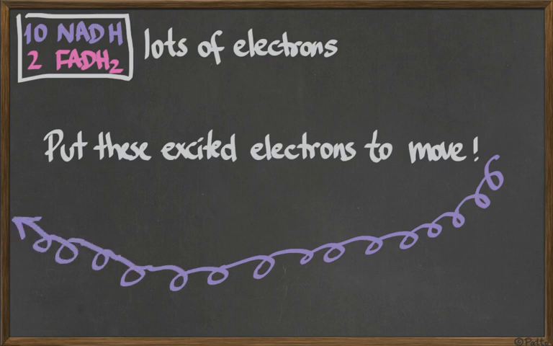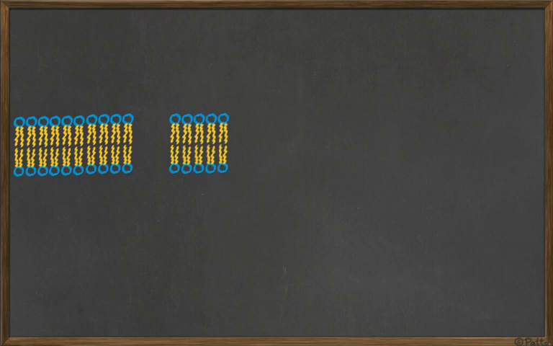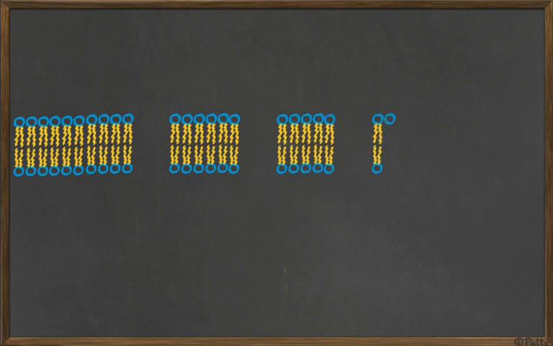By making these excited electrons move, we are going to be able to extract lots of energy that came from the glucose by splitting it apart. Okay? So for us to see the electron transport chain, we have to understand the mitochondria. Glycolysis happened outside of the mitochondria, link and Krebs cycle happened in the matrix of the mitochondria, and the electron transport chain is going to happen around the inner membrane.